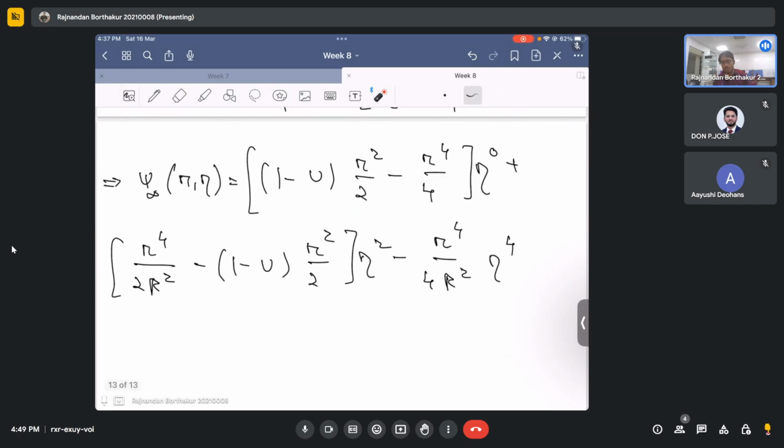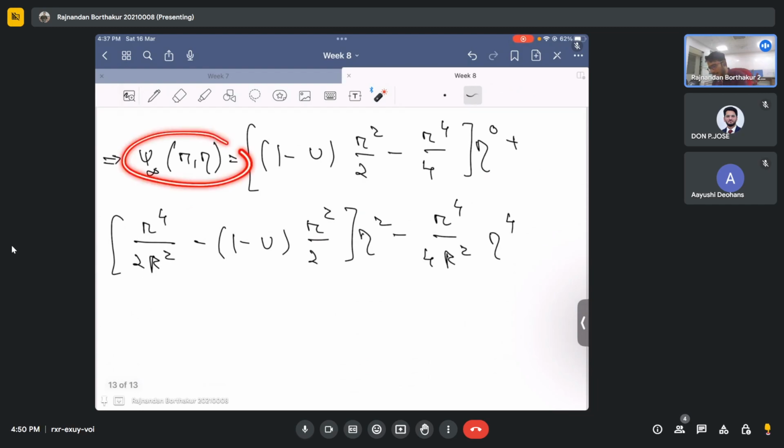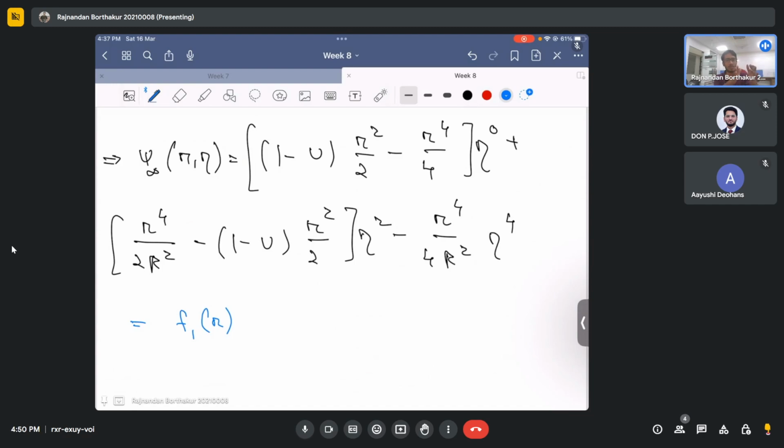So why are you doing this? The objective is that I again want to write this expression as some function of r times the Gegenbauer polynomials.